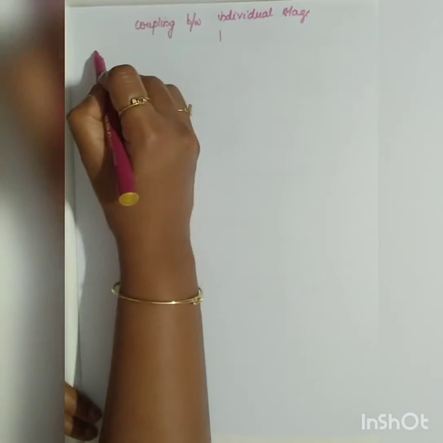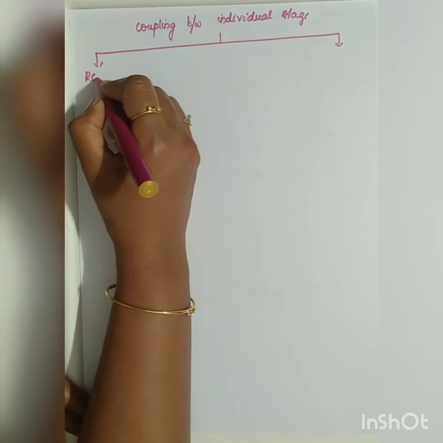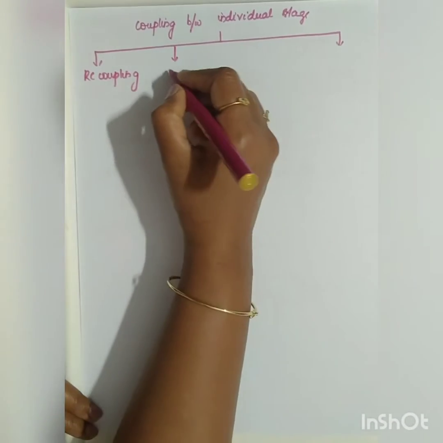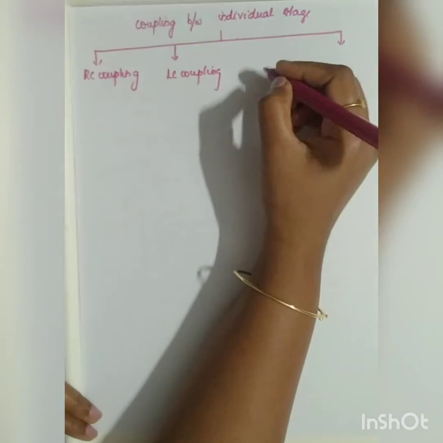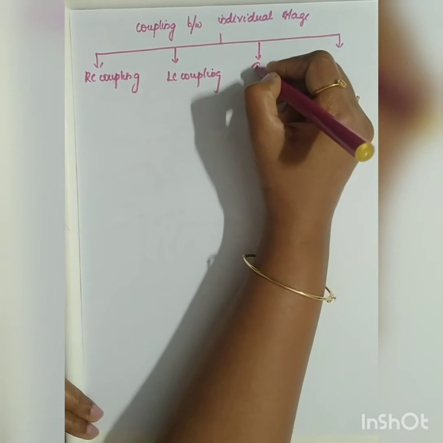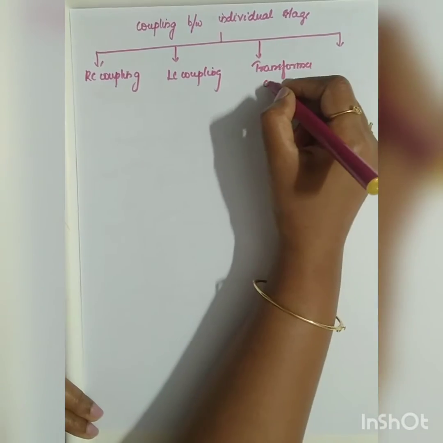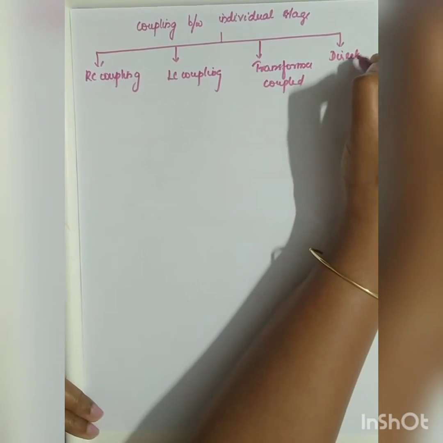The first one is RC coupling, and the name itself gives you the meaning. The second one is called LC coupling. The third one is called transformer coupling. And the fourth one is called direct coupling.